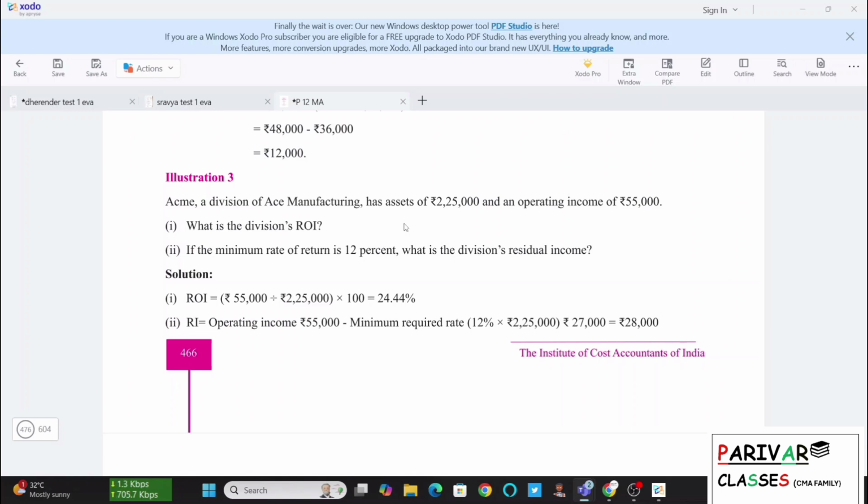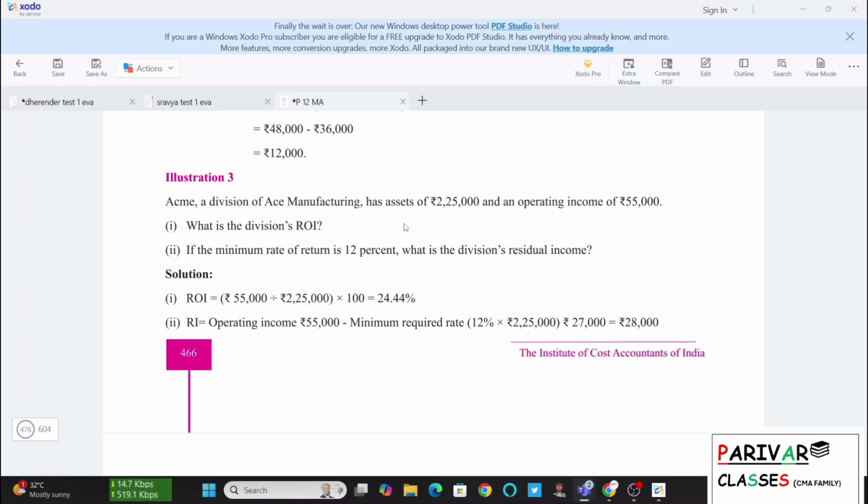Do you know what is ROI? We already discussed the theory part of ROI. I want to know whether you can interpret what ROI is. Can you write the formula of ROI? Turn on your mic and say the answer.